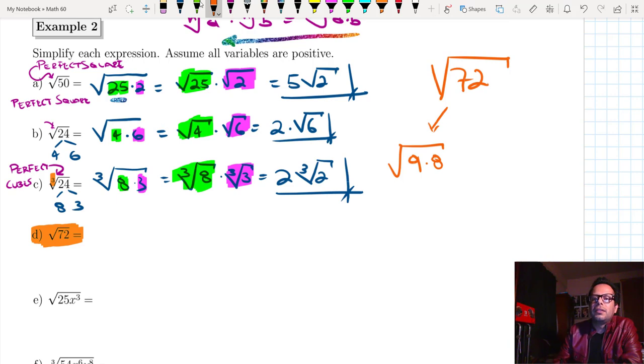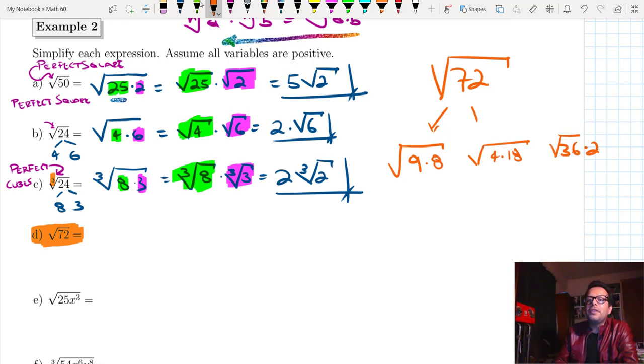They also give me 4 times 18, and the other one I've seen as well is 36 times 2.